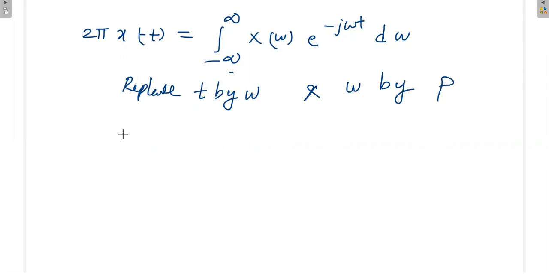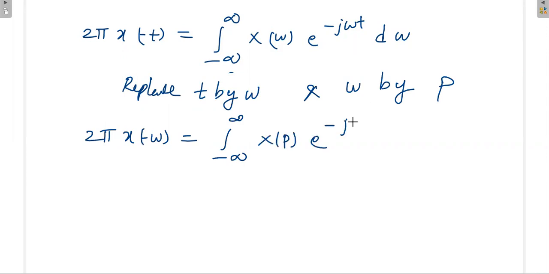Then 2 pi x of minus omega equals the integral from minus infinity to plus infinity of X of p e power minus j p omega d omega.